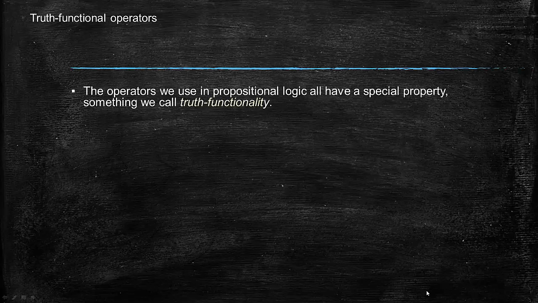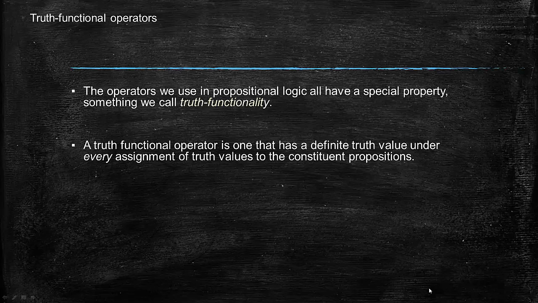So the operators we use in propositional logic have an interesting property, and we call that property truth functionality. These are what we call truth functional operators. And what that means is that anytime you give a particular assignment of truth values to the constituent propositions, you get a definite truth value as a result.